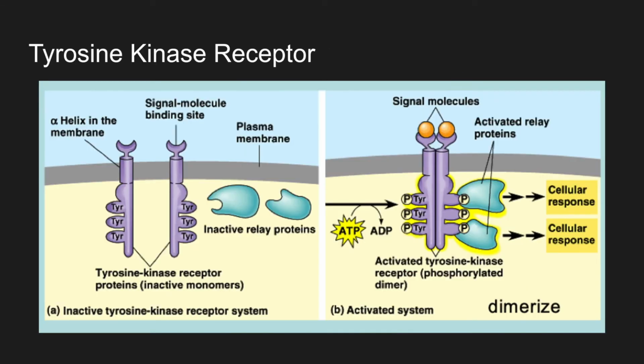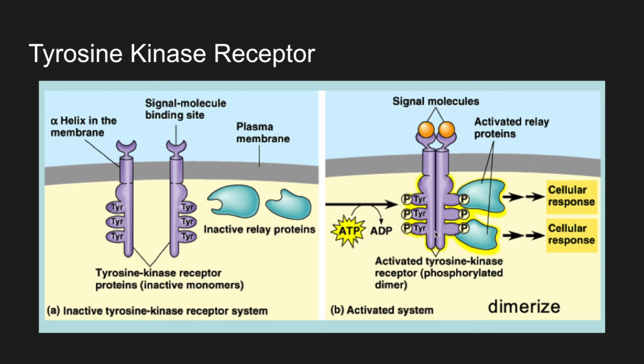The next type of receptor talked about in this course is the tyrosine kinase receptor. And as you can see, this receptor involves two signaling molecules, and they're the same signaling molecules. And there is an inactive system and an activated system. So with the presence of the signaling molecules, these two membrane proteins form an activated tyrosine kinase receptor, a phosphorylated dimer.